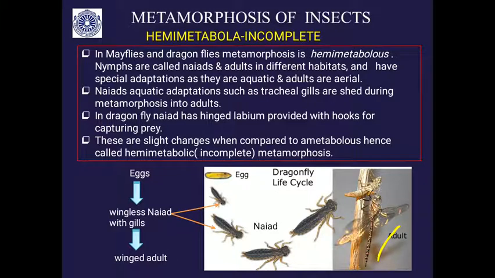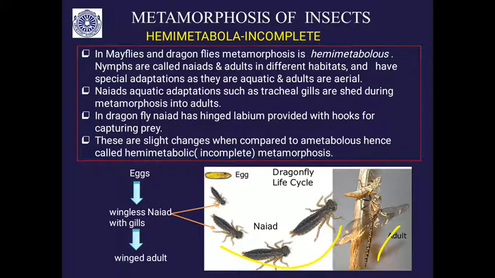So, you will find aquatic adaptations in the naiads, and aerial adaptations, that is the wings and so on, in the adults. Because these naiads are aquatic, they need gills to breathe, which is the aquatic adaptation, and they don't have wings.